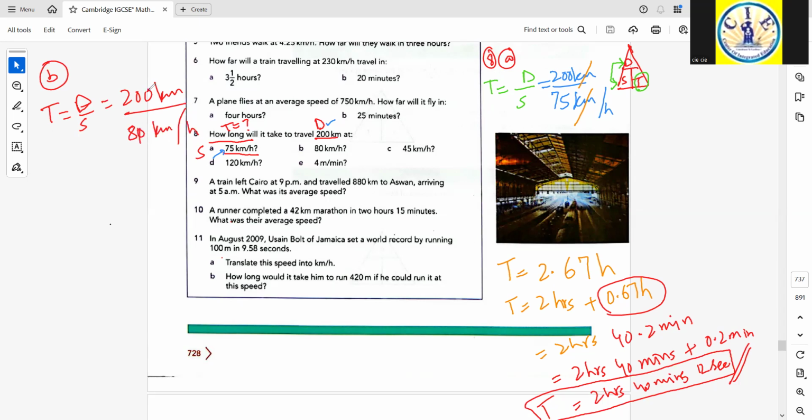So a bit of cancellation. 4 twos are 8. 4 fives are 20, so it is 5 by 2, that is 2.5. Kilometer gets cancelled out, and the answer is in hours. That means 2 hours complete plus 0.5 hours. 0.5 hours means 30 minutes. So that's the answer to part B.